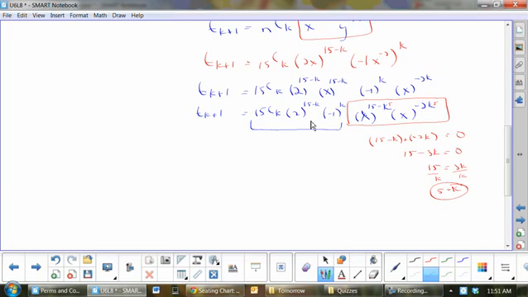But now that I know it's 5, I'm just going to put it in. T to the 5 plus 1 equals 15C5, 2 to the 15 minus 5, and negative 1 to the 5. Now, I could put this if I wanted to, but I know it's gone anyway, right? Maybe you want to do it again too, but this should equal x to the 0, which equals 1.